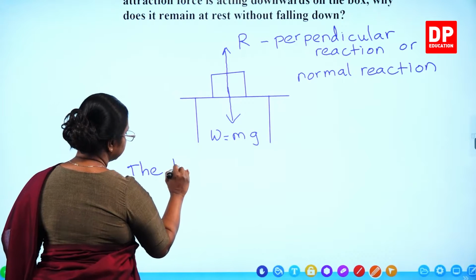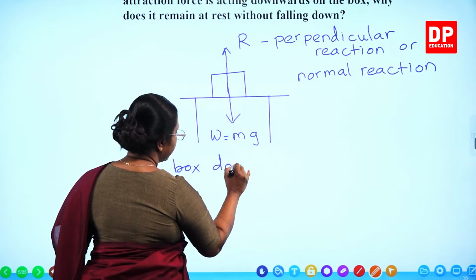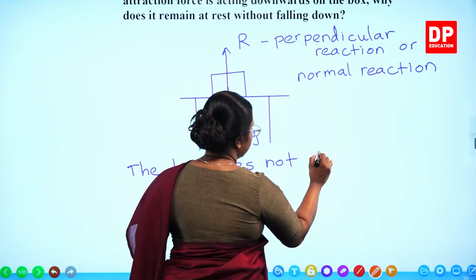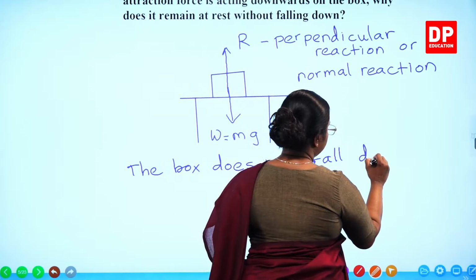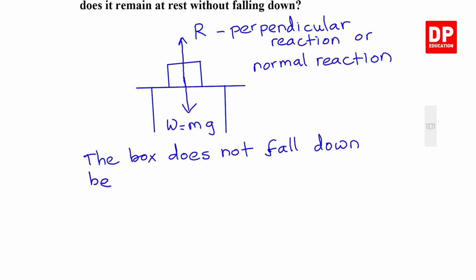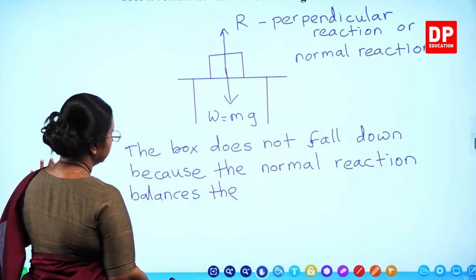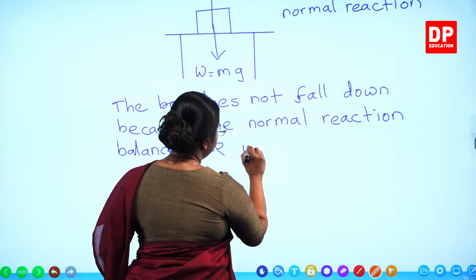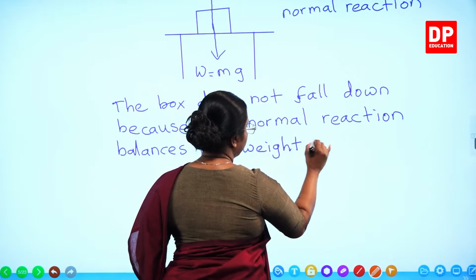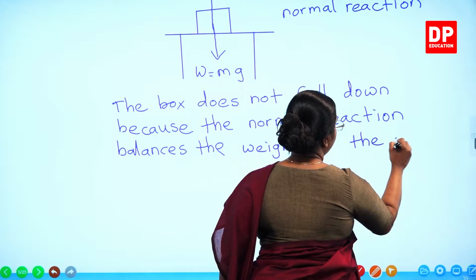The box does not fall down because the normal reaction balances the weight of the object.